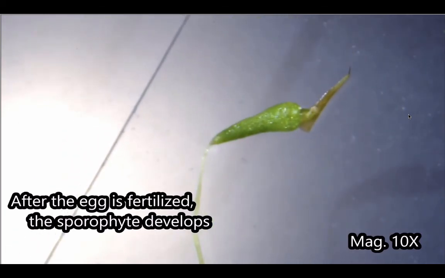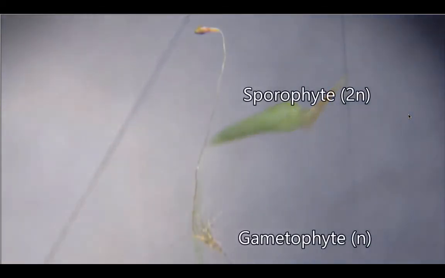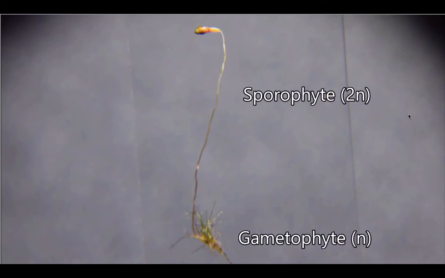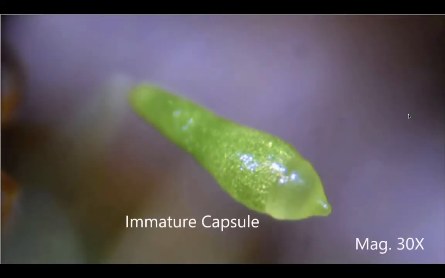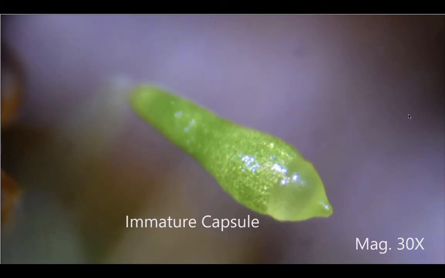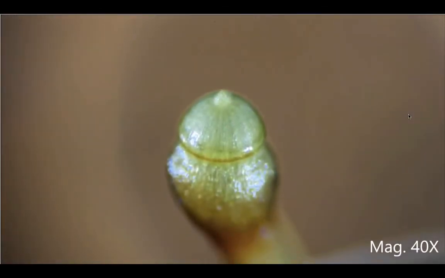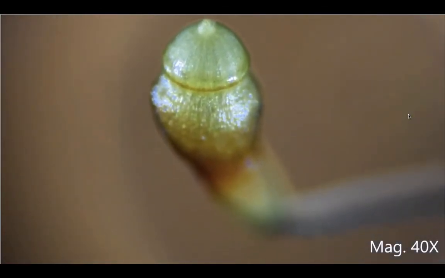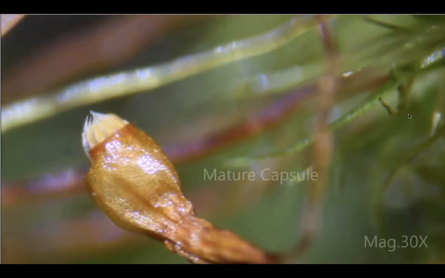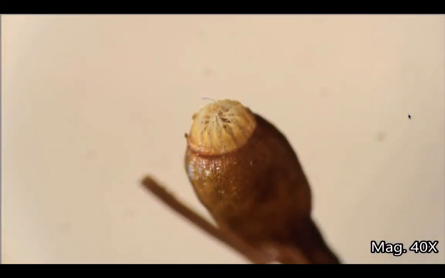That's part of the sporophyte, and you can see the cap there, and that kind of ring or circle around it. And over time, that's going to come off and allow the spores to come out.